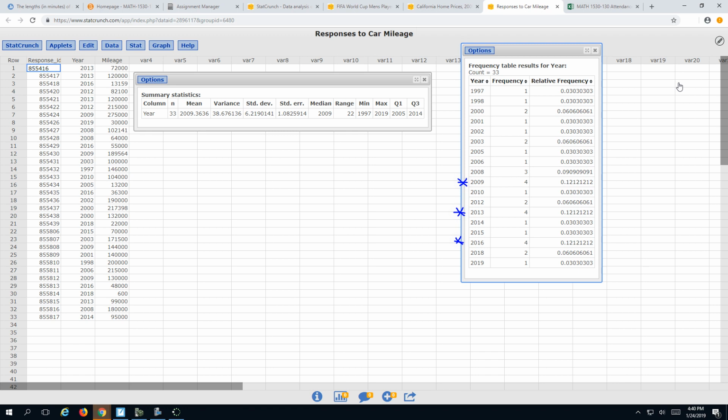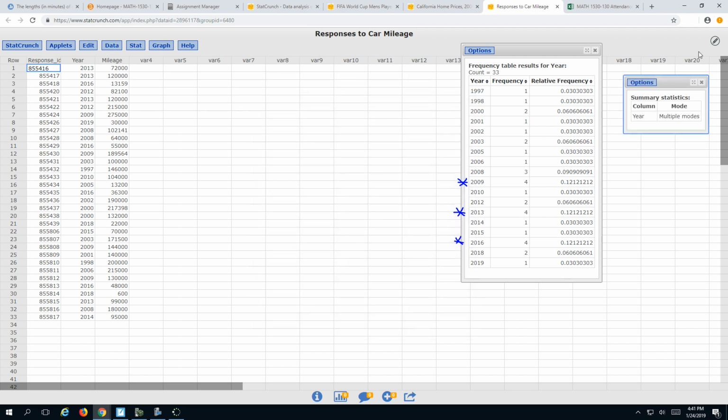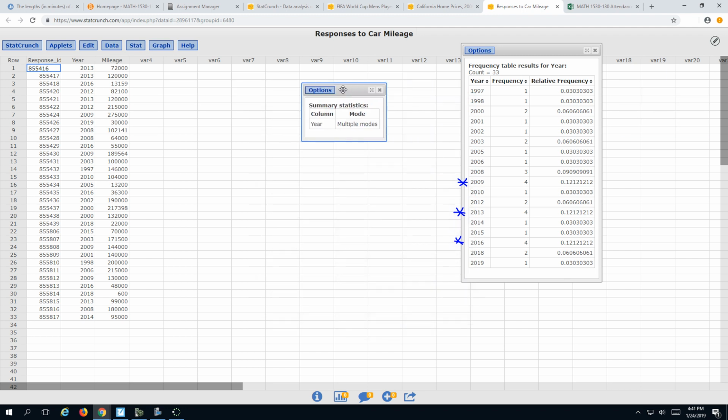Now, is there a function for mode in the summary stats calculator? Yes, there is. So I'm going to go back and see what that does. So I'm going to, instead of these, I'm just going to pick mode, see what it does. So what happened? Just tell me I got more than one, right? So if there's only one, it'll give you the value.